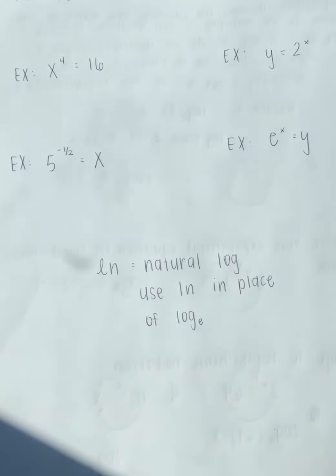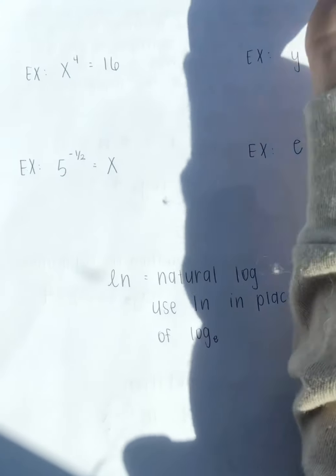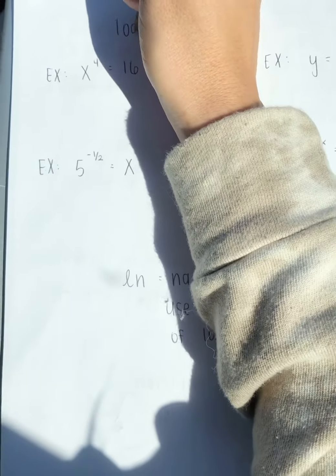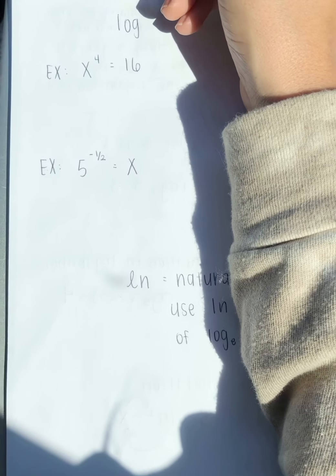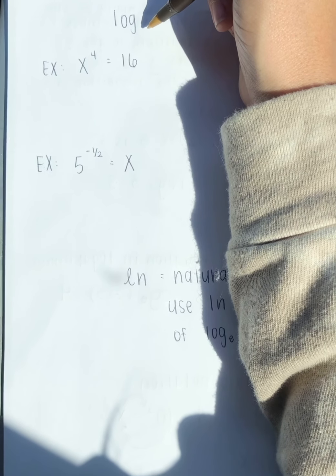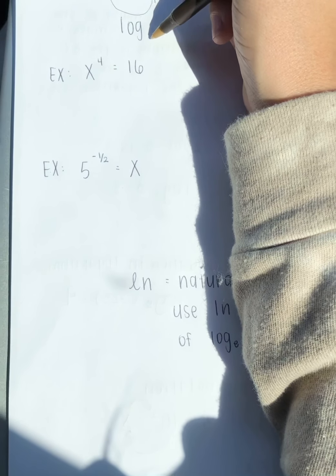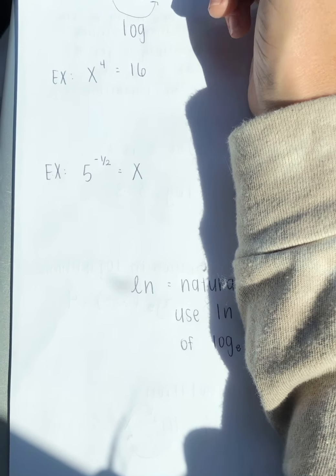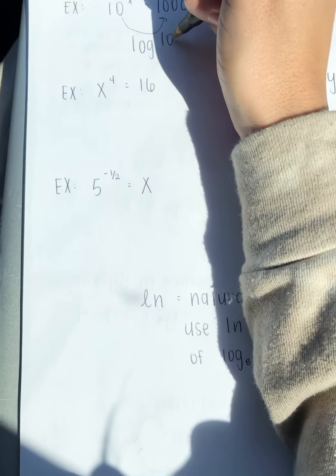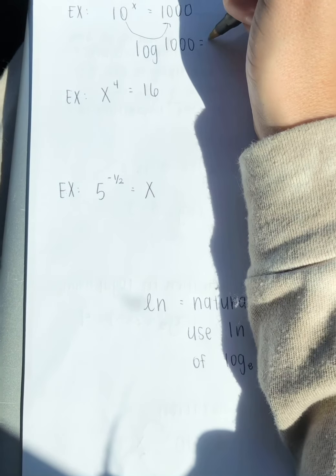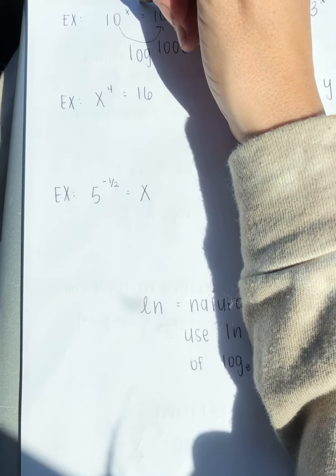Alright, we're going to look at a few more and we'll just run through these quick. Okay, so log, remember it's a base of 10, so I'm not going to put a base. Log base 10 is our common log, so I'm just going to put log of 1,000 equals x.